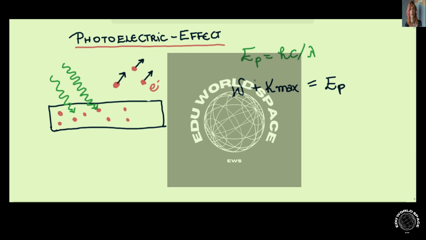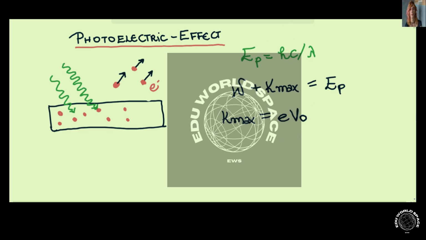People actually measure the kinetic energy of the electron by trying to stop these electrons with an external electric field. So they measure the kinetic energy to be equal to the energy of an external electric field, eV0, where V0 is the so-called stopping voltage.